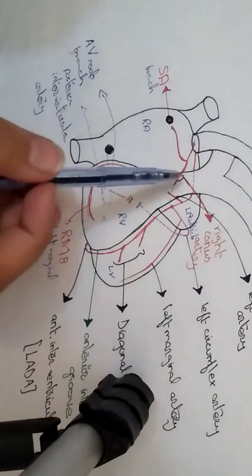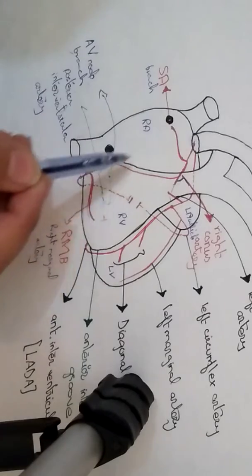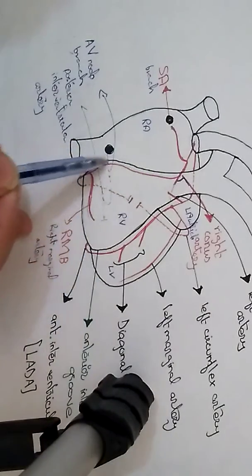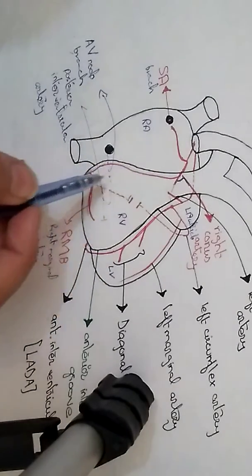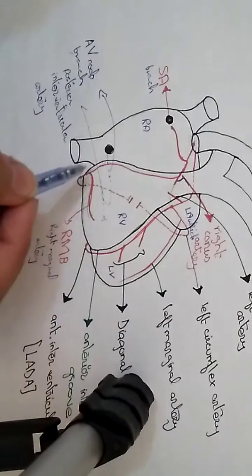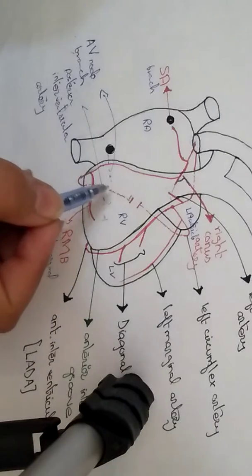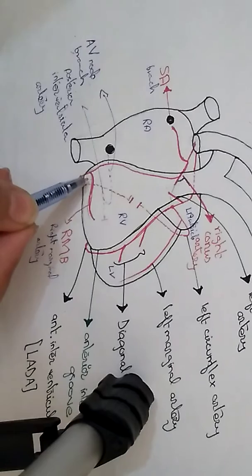It runs downward in the right anterior coronary sulcus, as you can see that this is the anterior coronary sulcus. It moves inferiorly and winds round the inferior border to reach the diaphragmatic surface of the heart.